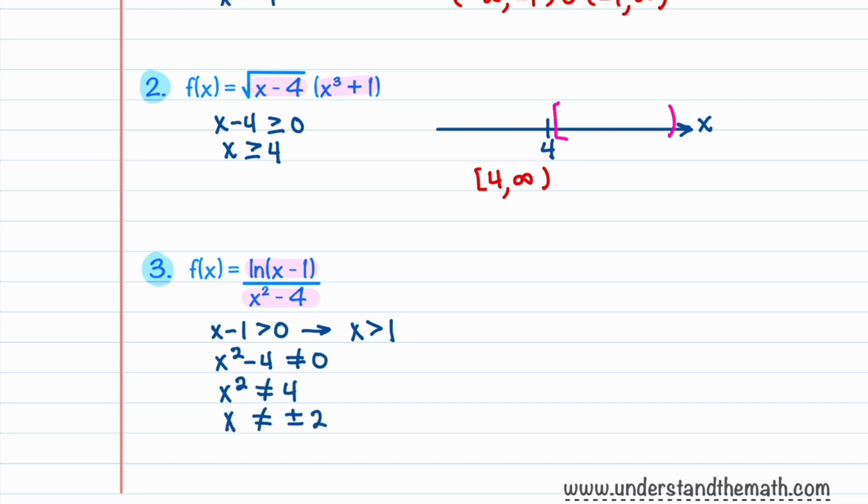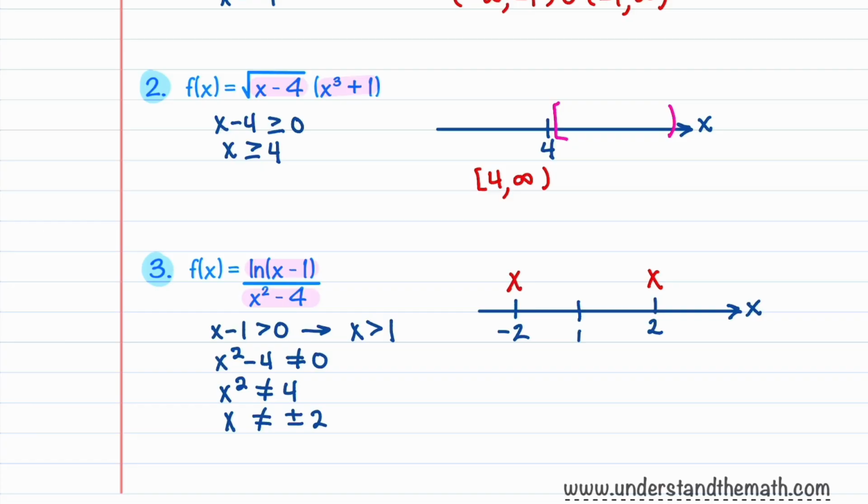Now let's go ahead and let's draw our number line. We're going to have more to put on this one. Let's put the point 1, and then we're going to put the point minus 2 and 2. Now let's see what's going on here. x cannot equal -2 or +2, and then x has to be greater than 1.